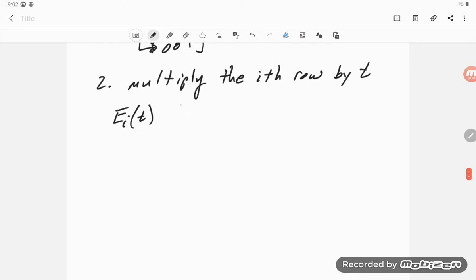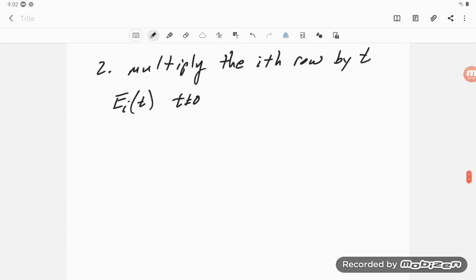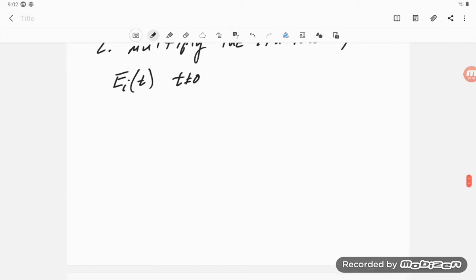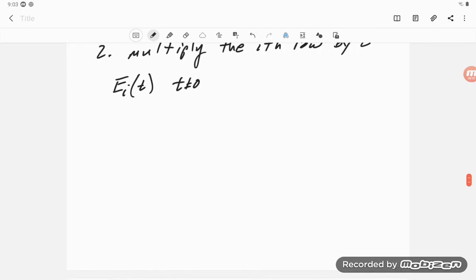And again, here t can't be 0. That doesn't make sense for our row manipulations. And so in this case, it's pretty simple. You just start with the identity matrix. You've got a bunch of 1s, and if this is row I, that is going to be t.